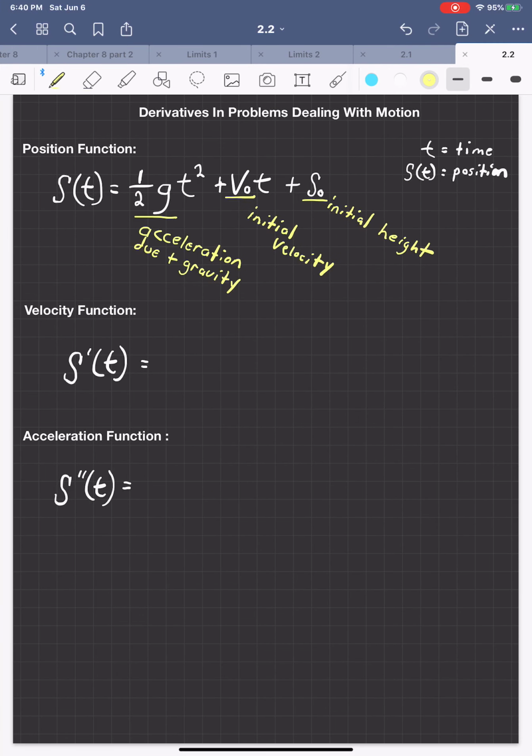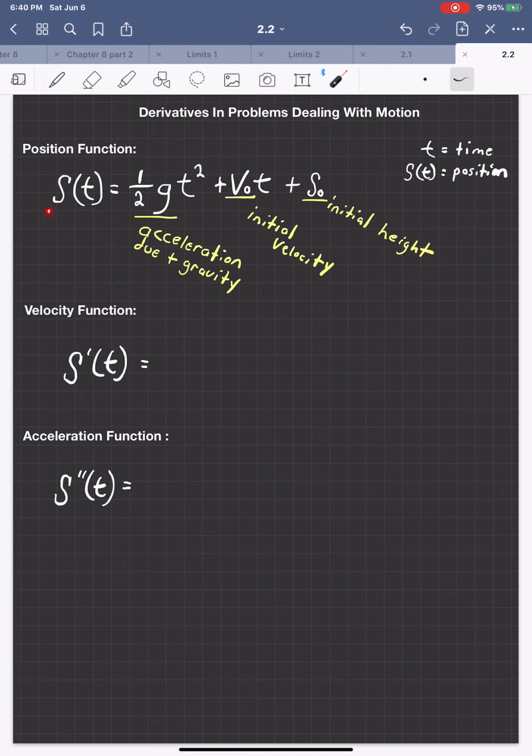Okay, so let's actually see if we can find some value in these derivative problems. So let's deal with some derivatives and problems dealing with motion. In other words, you throw an object, you drop an object, something is moving.